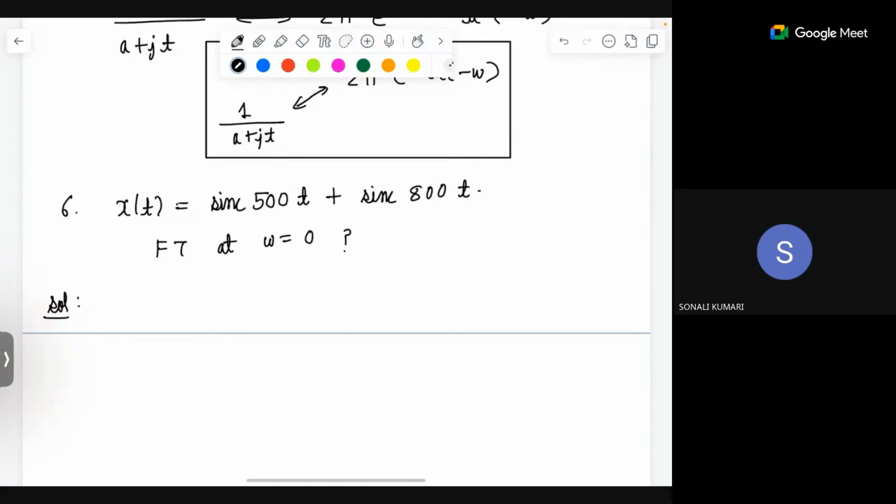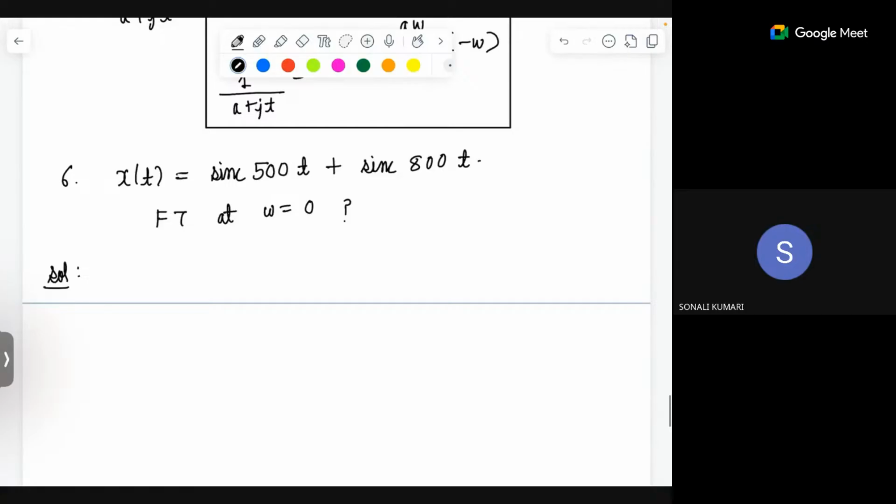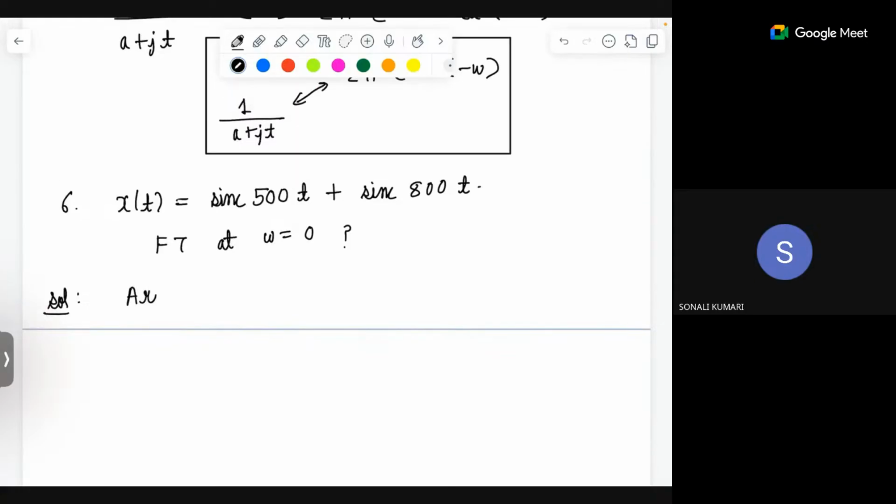So let me solve a little bit and give you some idea. Then you can do the next steps. So now I want to tell you that if we have this function A rect t by tau, then it will have a Fourier transform given by A tau sinc omega by 2 pi tau.